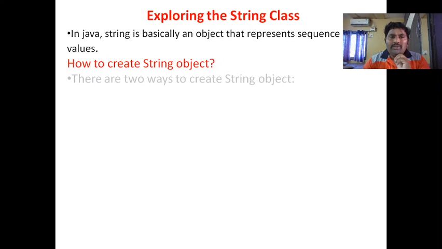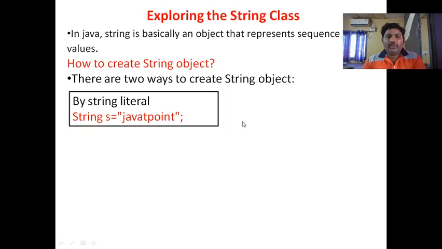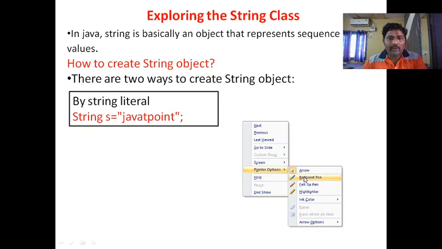There are two ways by which we can create strings. The first way is by the concept called string literal. If you write String s is equal to "Javatpoint", this is how we create a string.